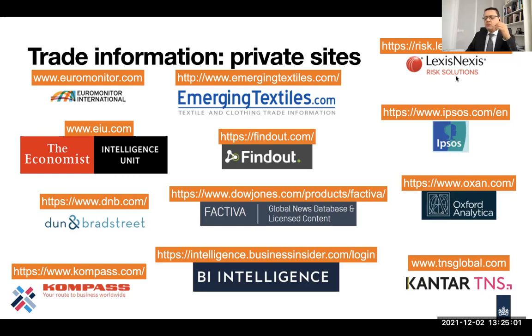LexisNexis is really good at exploring legislation, regulation, and changes to regulation, and therefore helping you measure risk. Ipsos is excellent at doing surveying, so they do very much primary research. They're very good at that. Oxford Analytica is more in the analytics of data and trends.